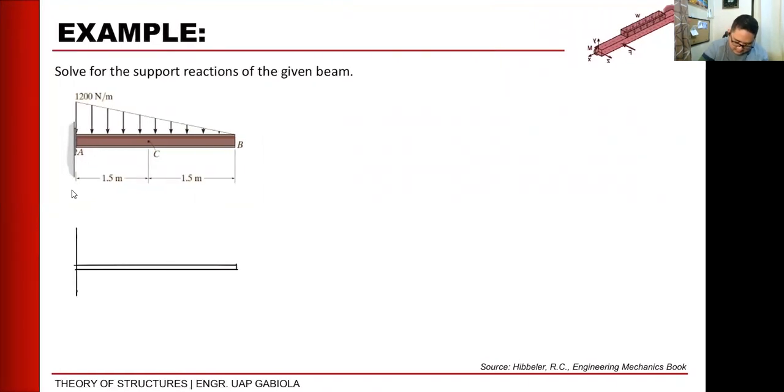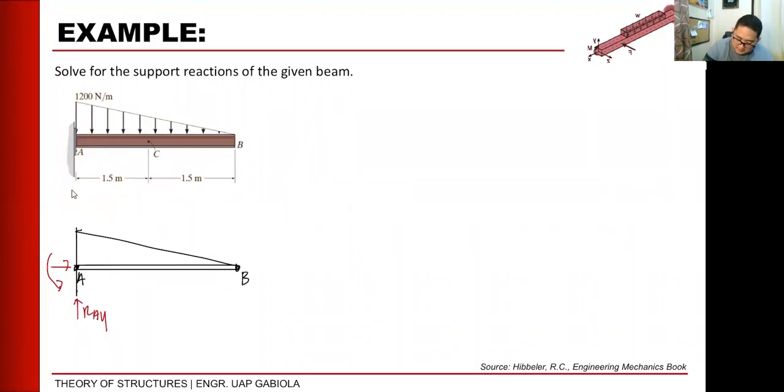Ito yung support natin. Then, we have a triangular load. Then, drawing natin yung reactions natin. So, reactions natin is end lang. So, we have here vertical, horizontal, and moment. So, tawag ko itong RAY kasi ito yung point A. Ito is point B. Okay?